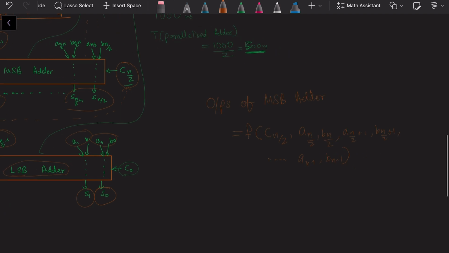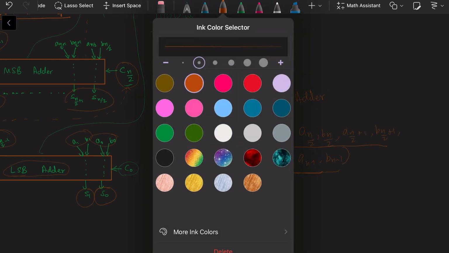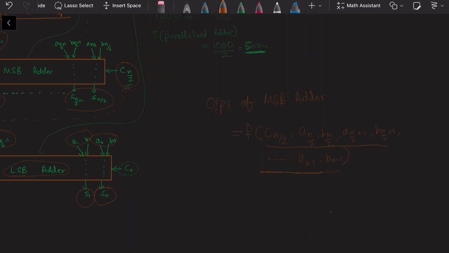The outputs of the MSB adder are a function of these variables. Let me frame this equation a bit more elegantly. I'll use a better marker. So O is equal to f of Cn/2, A(n/2), B(n/2), all the way to A(n-1), B(n-1). This O is essentially the outputs of the MSB adder.